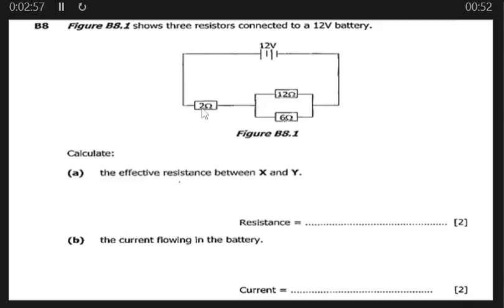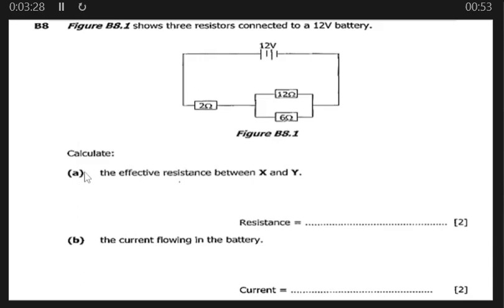So we have 3 resistors here. We have the 2 ohm resistor, the 12 ohms resistor, and then the 6 ohm resistor. These connected in parallel, and this one connected in series with these 2 resistors that are connected in parallel. So all of these resistors are connected to the 12-volt battery.